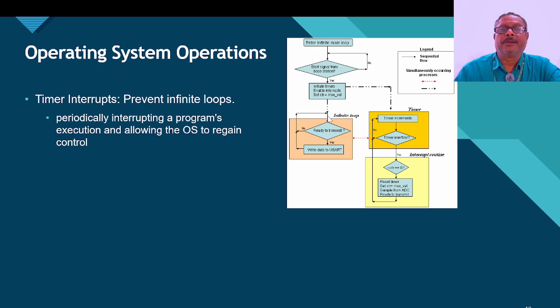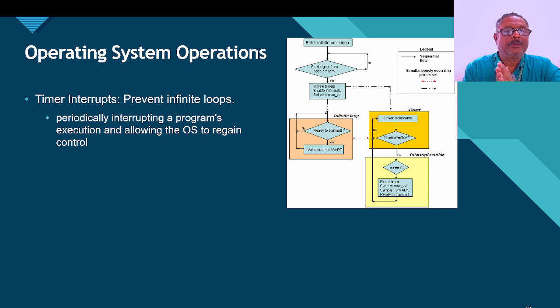Imagine that we have some code written here which is getting into an infinite loop. When this code starts to run, a timer is also initiated, and we know, in the worst case, how much time the user mode code takes to run.